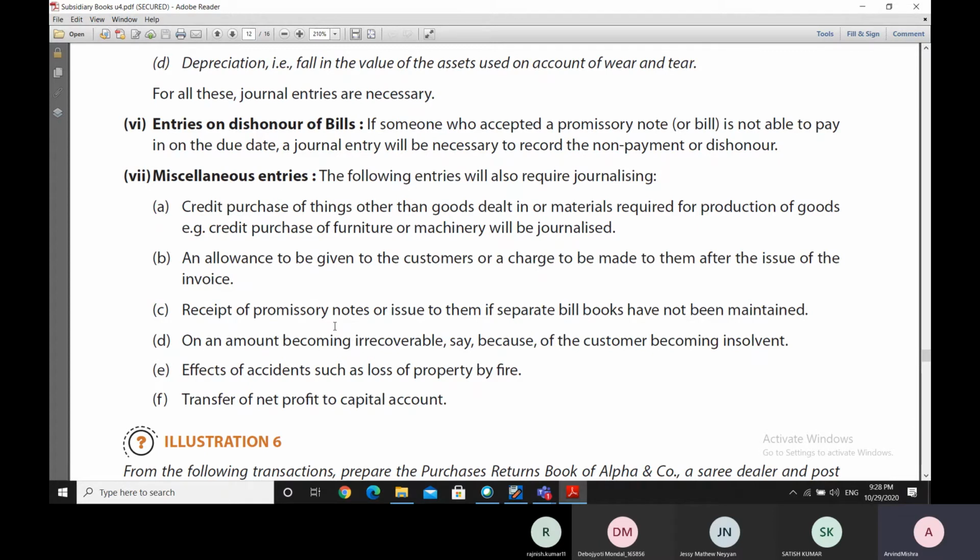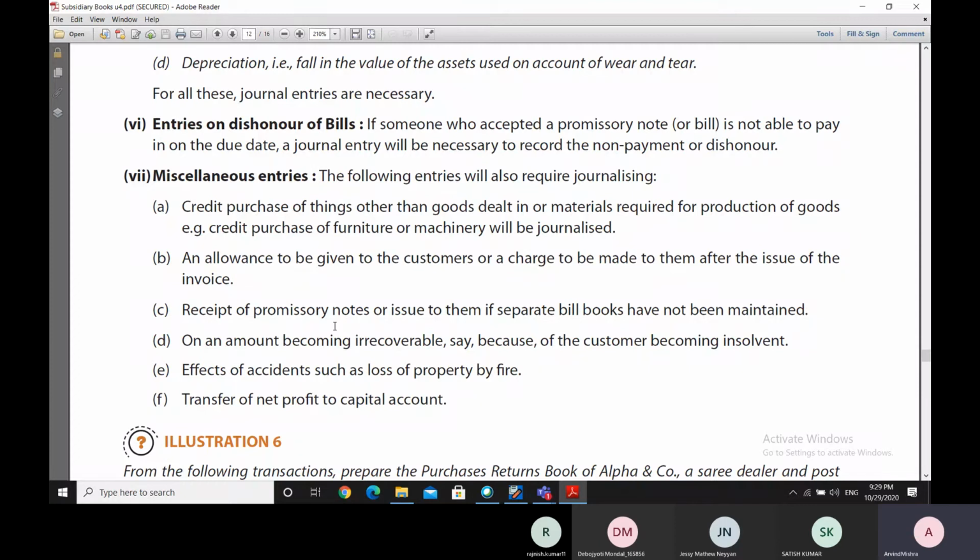Because if there was a sale earlier, that was entered in the sale book in case that was a credit sale. But here, what is happening is that out of that sale value, there is some allowance being given to the customer, which could be a renegotiated deal, or maybe a further charge is being made upon the customer.